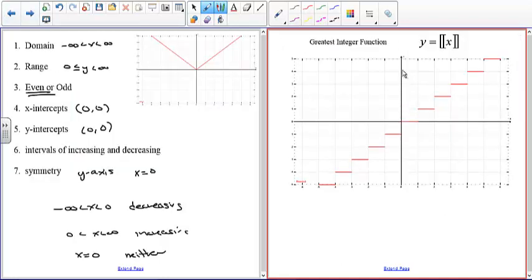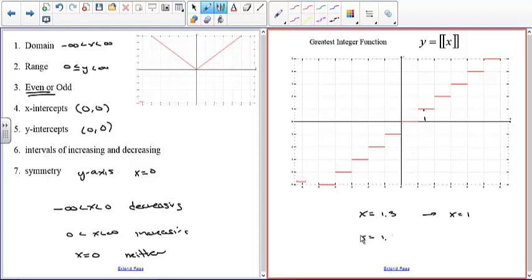And the greatest integer function, what that does is it takes the x value and it rounds down basically. So if you have 1.3, this greatest integer function just makes it 1. So you can see here 1.3 is equal to 1.